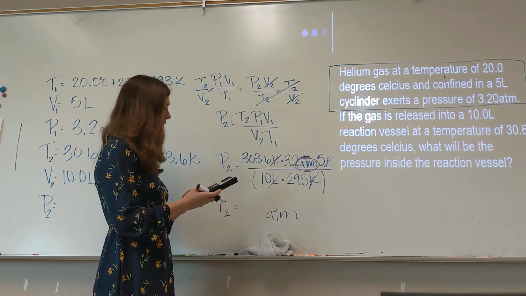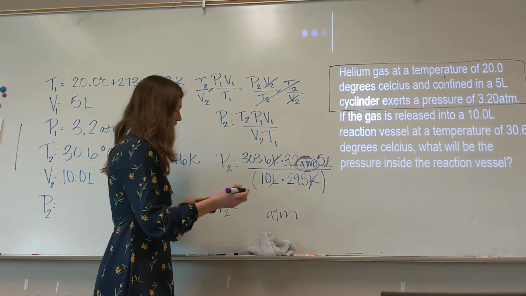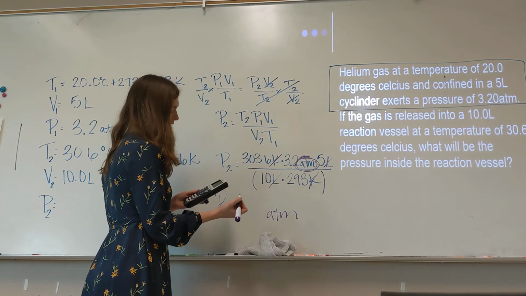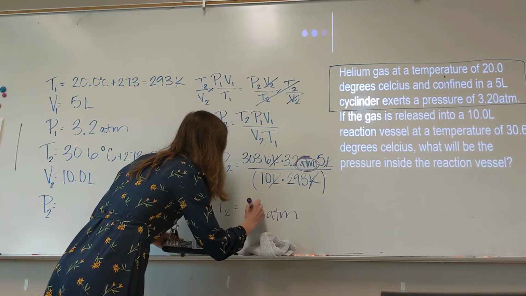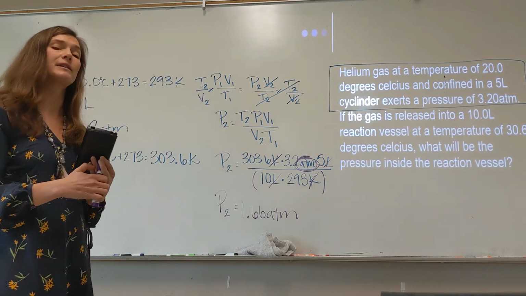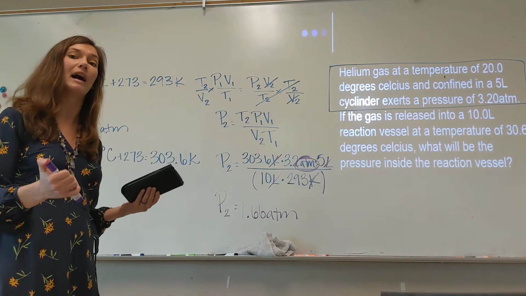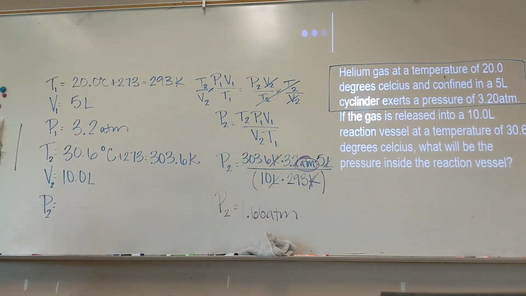Divided by 10, multiplied by 293. I get 1.657, so I'm going to round that to 1.66 atmospheres. And we have successfully done our first combined gas law problem. I'm going to move on to the next one.